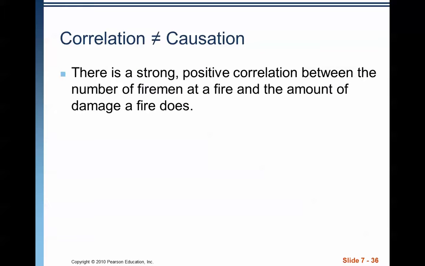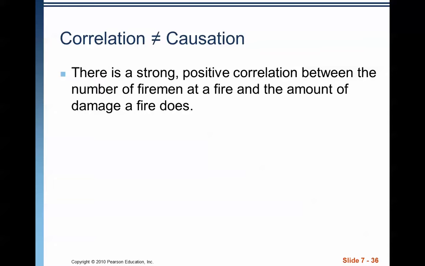For example, there is a strong positive correlation between the number of firemen at a fire and the amount of damage a fire does. If we say that means that firemen cause damage at fires, the solution is that when we have a big fire, we send fewer firemen, and then it won't cause as much damage, which is obviously wrong, right?